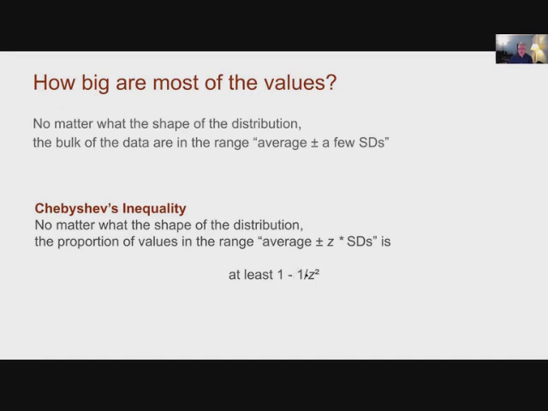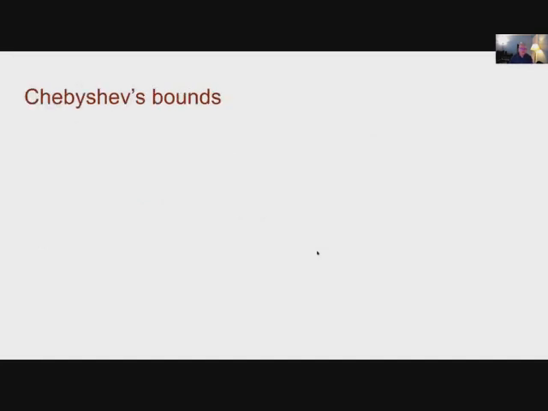So the average plus or minus z times the standard deviation, and that percentage of data is going to fall within that. I think it's easier to see when we put some numbers to what z is. z is measured in standard units.